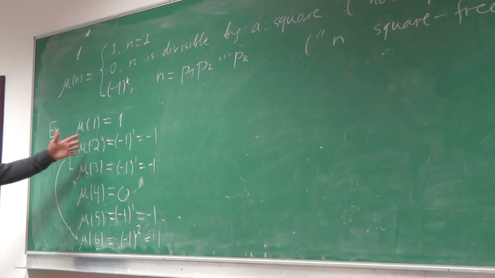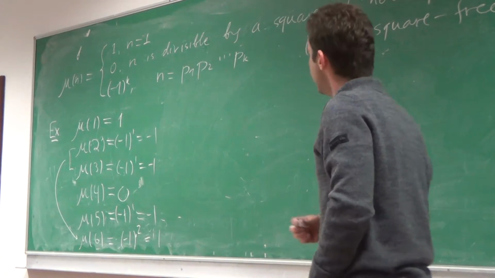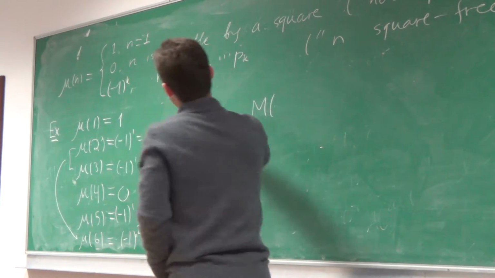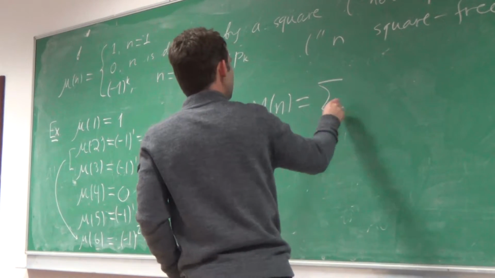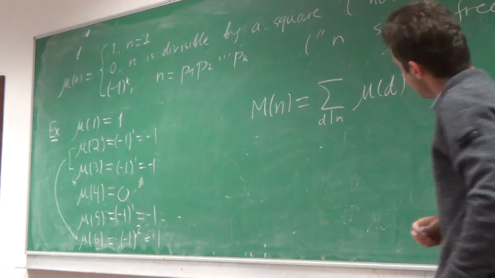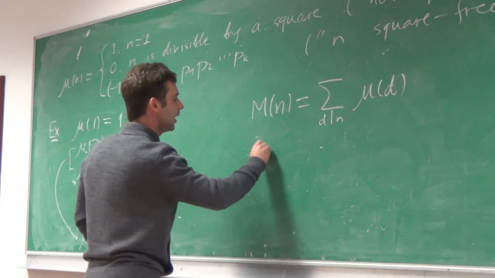So all the values are plus or minus 1 or 0. That's the function. What I was telling you last time is that as soon as we have any function like this, we can look at the summation over divisors. Let's just do one example of this. I want to do it for 6.